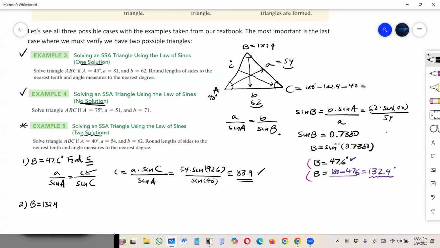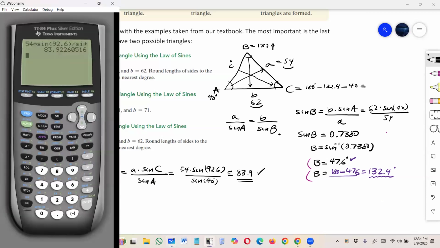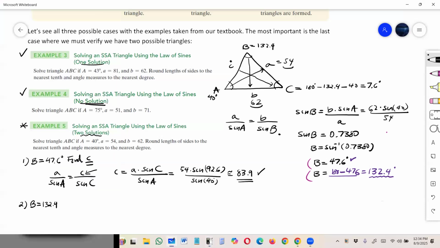And we're going to go to the calculator for that as we did before, and it's going to be a very small number. 180 minus 132.4 minus 40. It's going to be a small angle, but it's still okay. This is the 7.6 we discussed before, which is still an angle, which is perfectly fine.